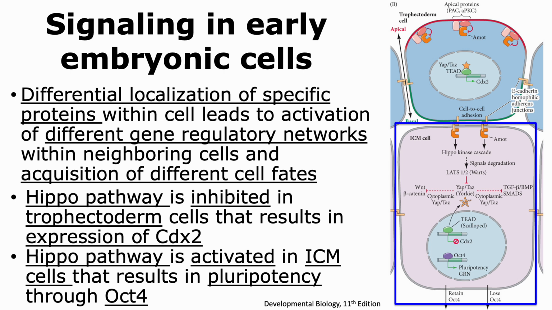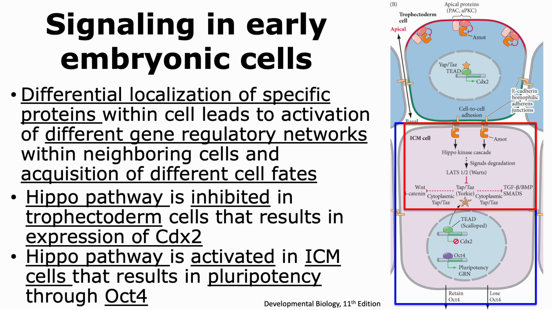This activates the Hippo pathway, and so the interaction of AMOT with E-cadherin results in the phosphorylation of Hippo and the cascade begins. That is what is shown in the red box.